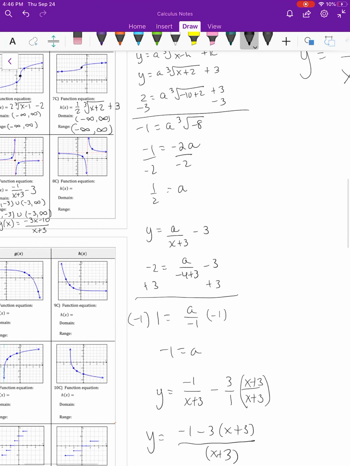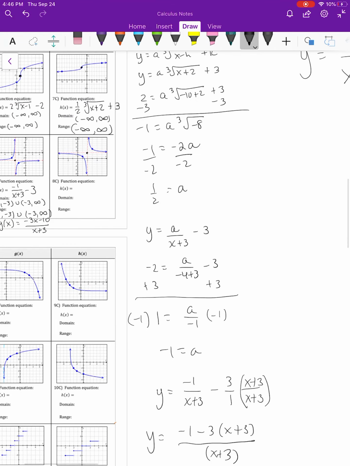And then we pick another point, and we could pick the point 1, 1. So if I pick the point 1, 1, I'm going to subtract 3 from both sides, multiply by negative 1 on both sides, and my a is 2.